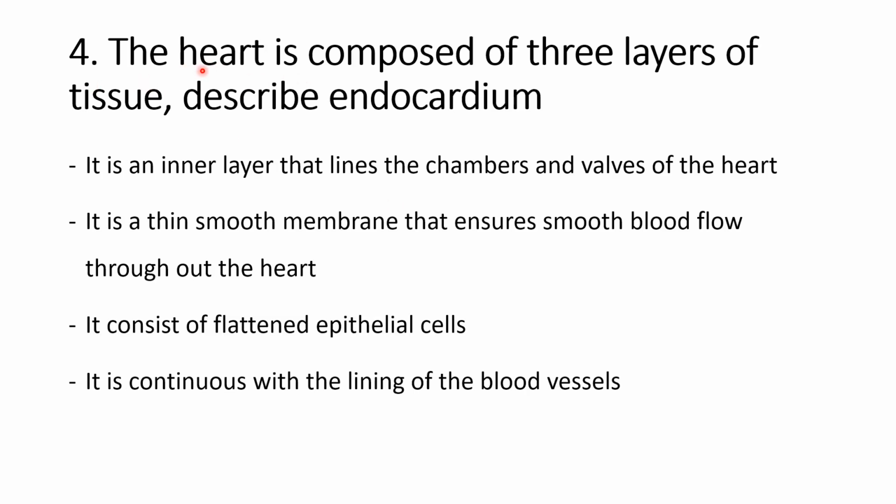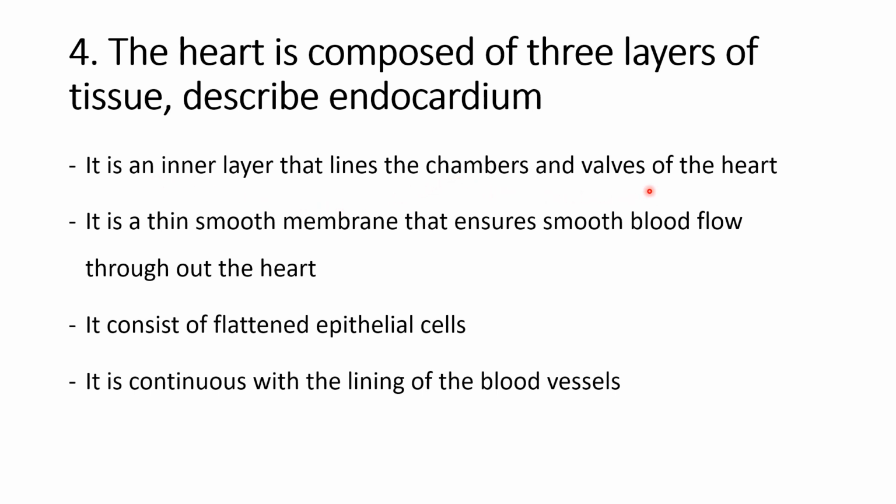All right, then there is number 4, which says the heart is composed of 3 layers of tissue. Describe endocardium. Out of the 3 layers, this question picked 1 layer, then it expects you to describe it. So the first description says it is an inner layer that lines the chambers and valves of the heart.